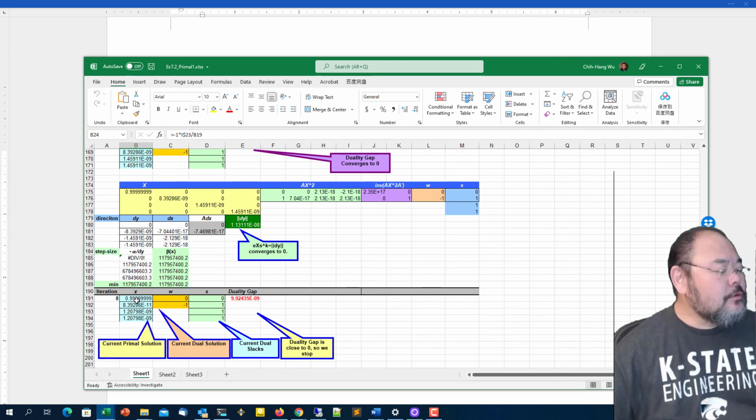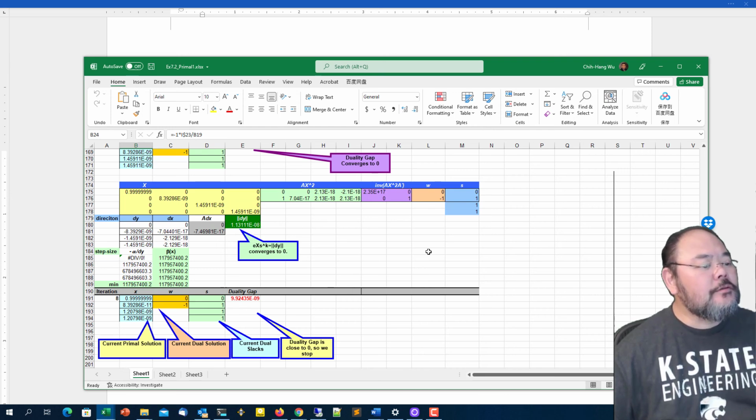So the primal solution will be 1, 0, 0, 0, the dual solution will be 0, 1, and the dual slack will be 0, 1, 1, 1 in that case. And the duality gap converges to 10 to the negative 9. And also you can see that the magnitude of dy converges almost to 0 as well.